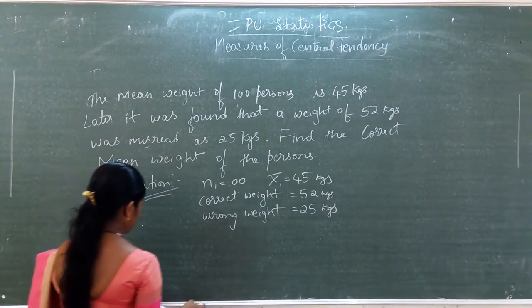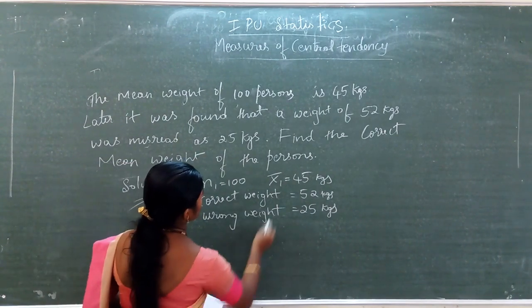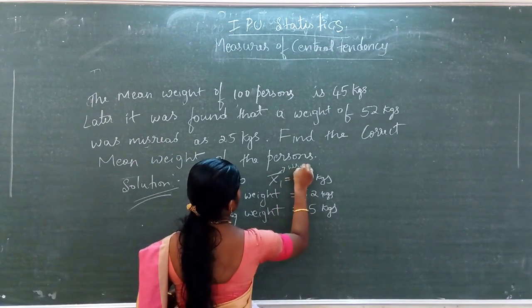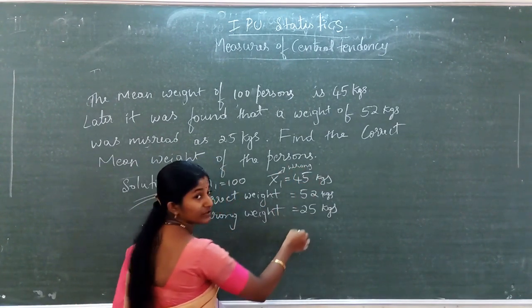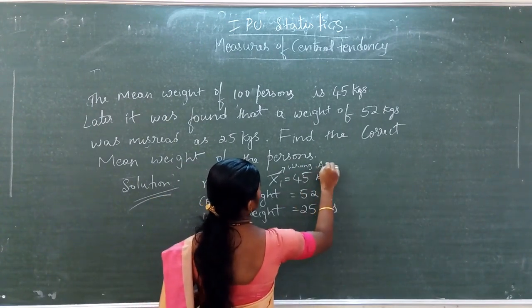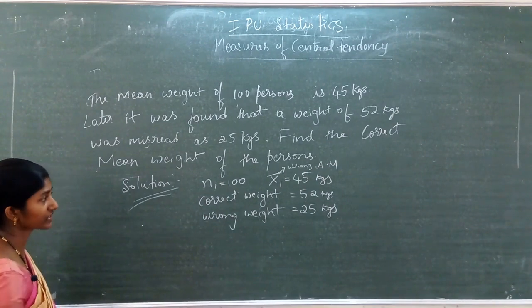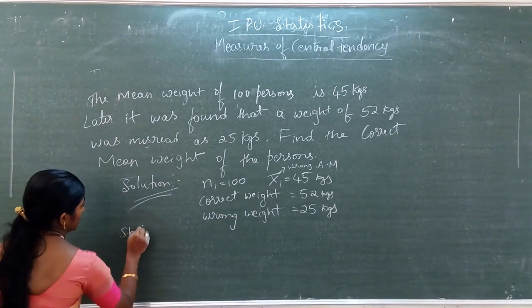Then this is the wrong arithmetic mean. Because of this, they have got a wrong arithmetic mean. What is the first step?